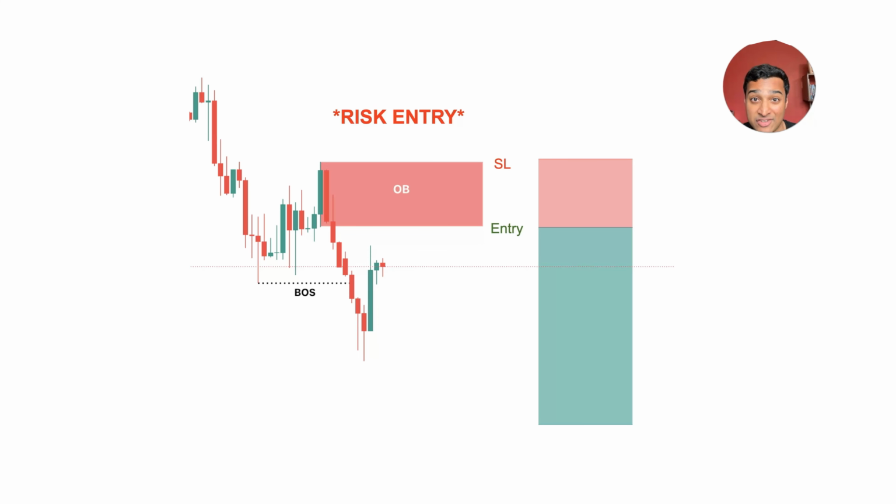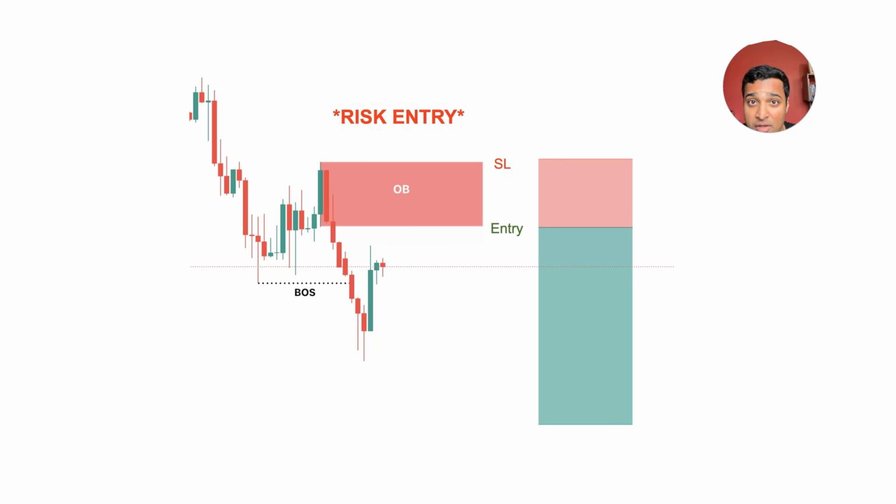Of course, there are many different entry styles for the strategy, and here are the three main types. The first entry type is the risk entry. And taking this example, we have a downtrend. And as before, we would mark the break of structure, check for an imbalance, and then draw an order block.